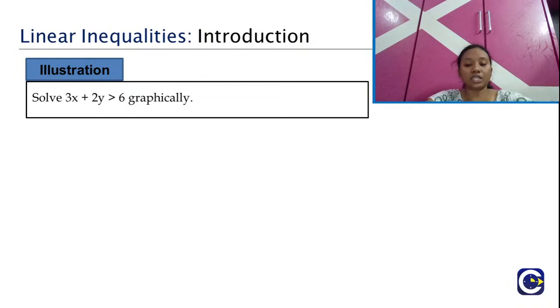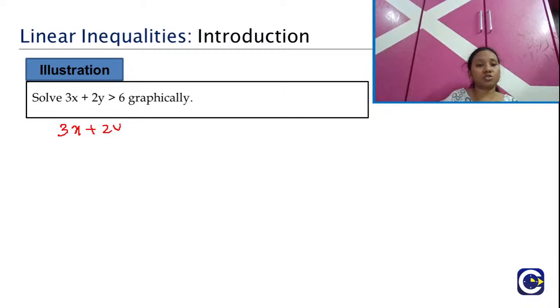So let's quickly solve one question in our graphical method and then we'll move ahead. I have given a question here. Quickly find the graphical solution, guys. First, you have to plot the graph. What is the inequality I have given? 3x plus 2y greater than 6. So quickly find the graphical solution for this linear inequality in two variables.